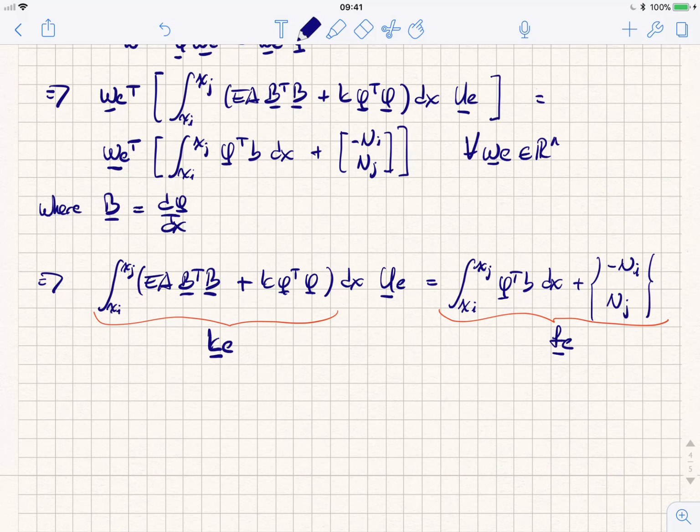Everybody has seen this at some point, assuming, of course, E and A are constant throughout the element. And so our equation K E U E is equal to Fe is the local equilibrium of the element.